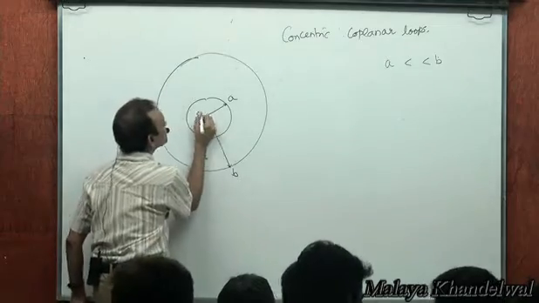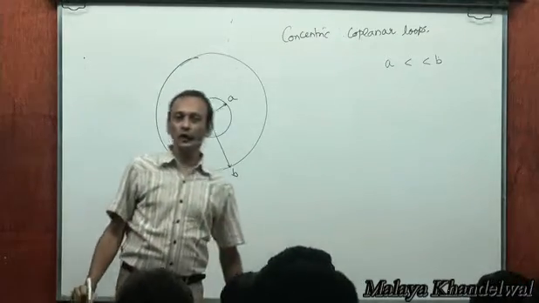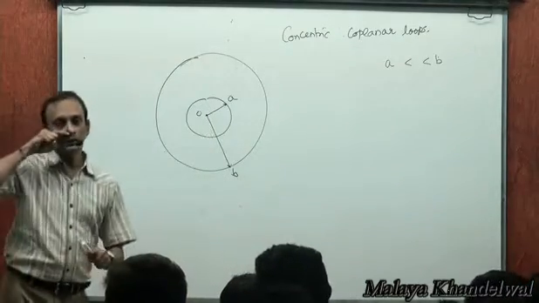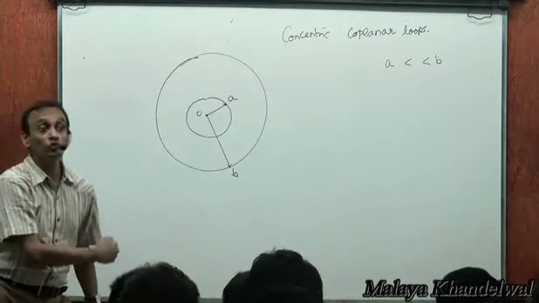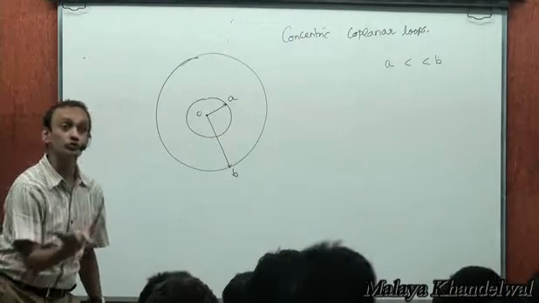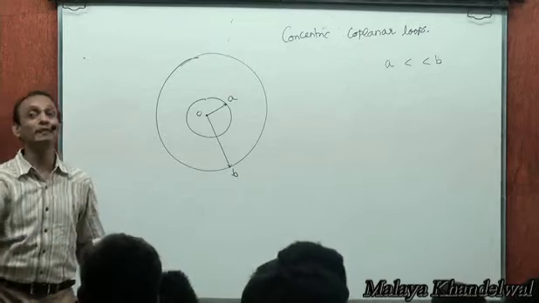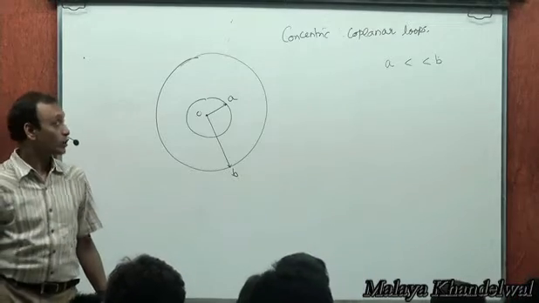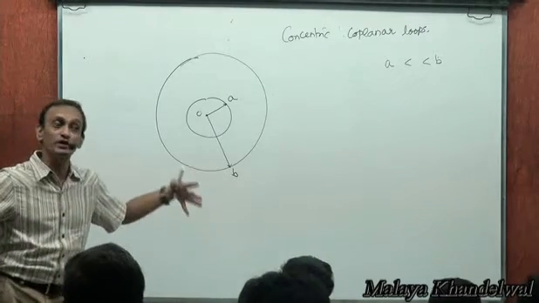They have a common center O, and for this pair of loops I want to calculate M, the coefficient of mutual inductance, where B is much larger compared to A.